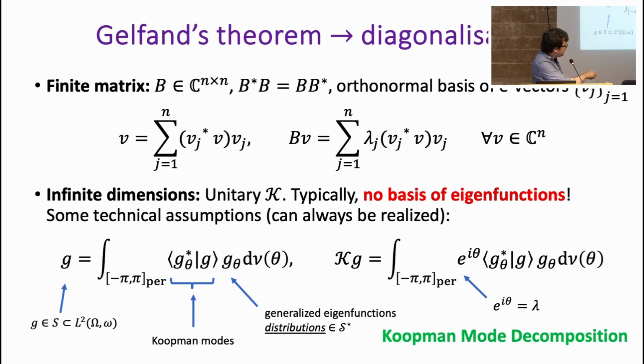Now these live in the dual of S, so S star, which is larger than L2, okay, so they're distributions. These shouldn't be confused with the terminology generalized eigenvectors associated with chains of Jordan normal form. But anyway, so you have this expansion, you have this measure here which in effect tells you how to deal with the point and continuous spectrum on equal footing.